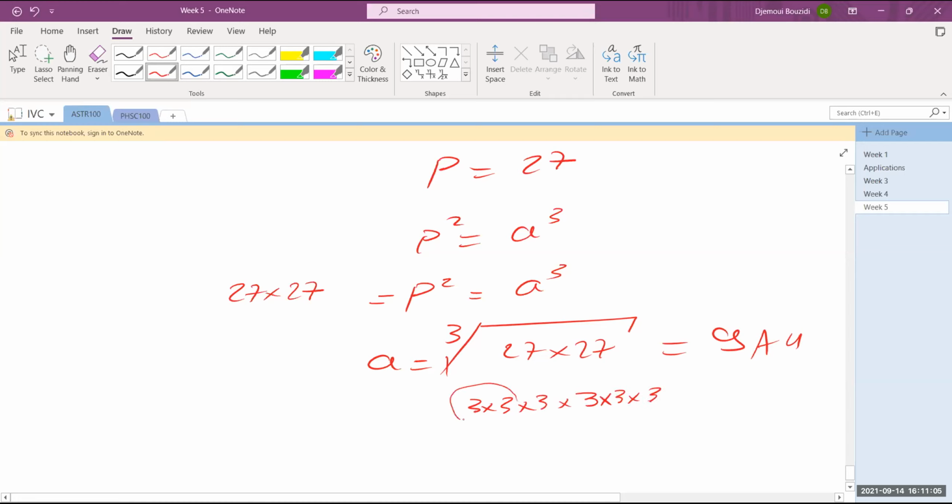And the cubic root will give you 3 times 3 and 3 times 3 and 3 times 3, which means it's 9 times 9 times 9. And the cubic root is whatever number you multiply by itself 3 times, and that is 9. If you don't believe me, check it with your calculator.